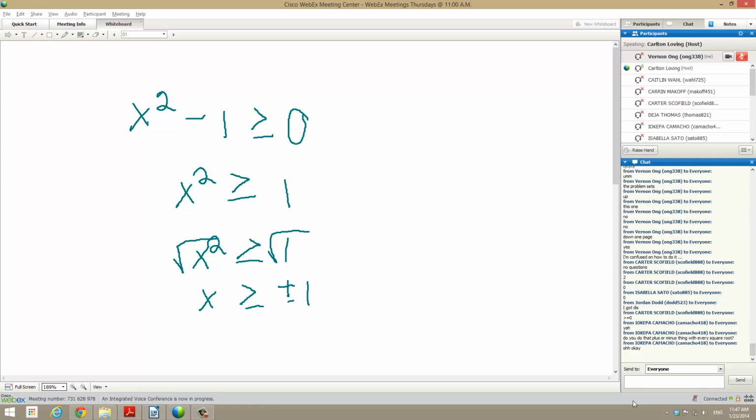But if we look at that on a graph, and we have 0, and we have 1, and we have negative 1, what does it mean for x to be greater than or equal to plus or minus 1?